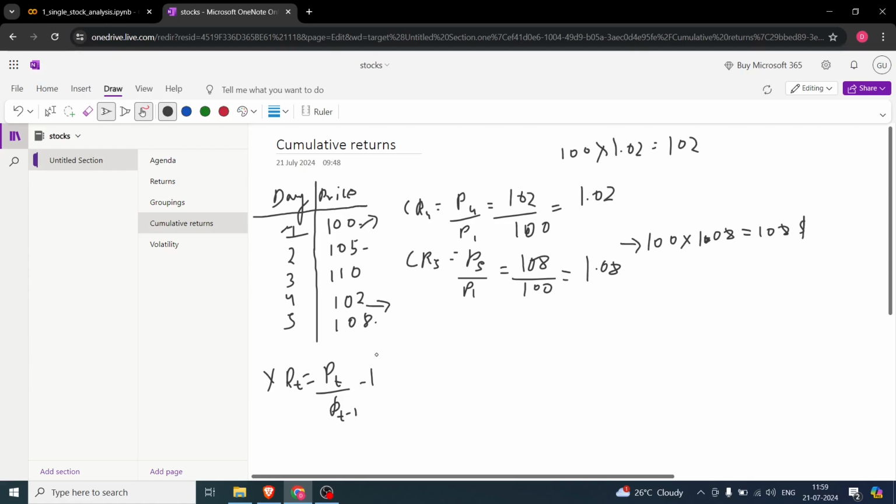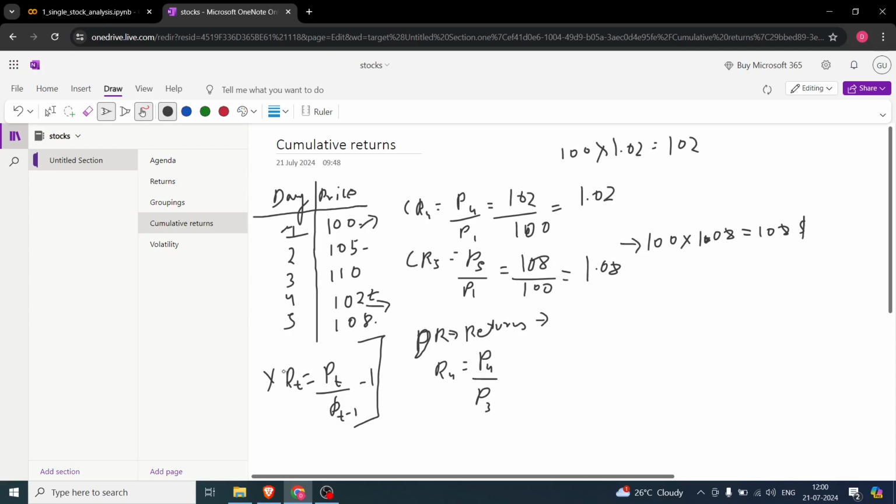Now the way we implement it in pandas is a little bit different. Can't we just rewrite this? We use the daily returns that we have already calculated, which we called symbol returns. If I want the return on the fourth day, let's assume I sold the stock on the fourth day, but I had bought it on the previous day.